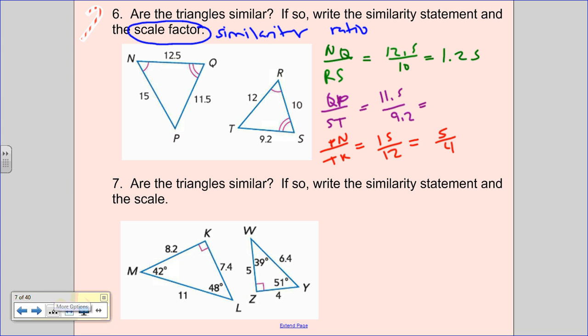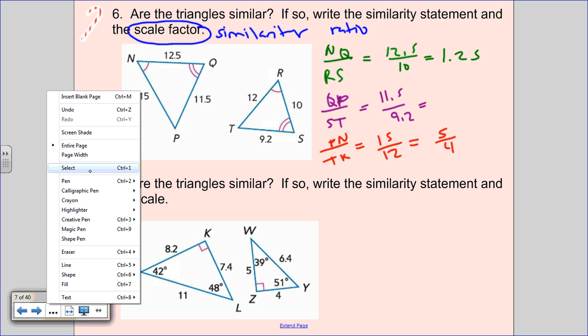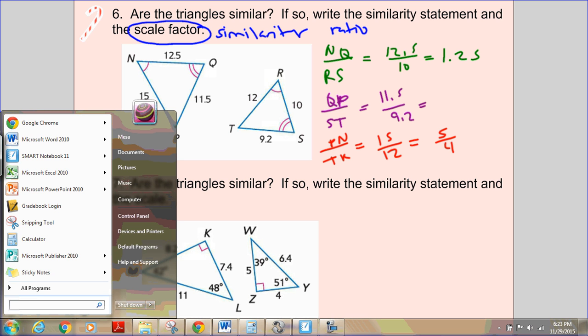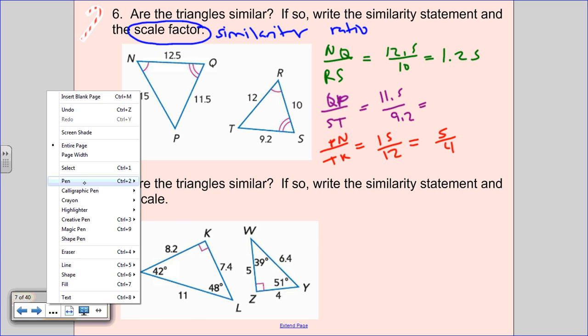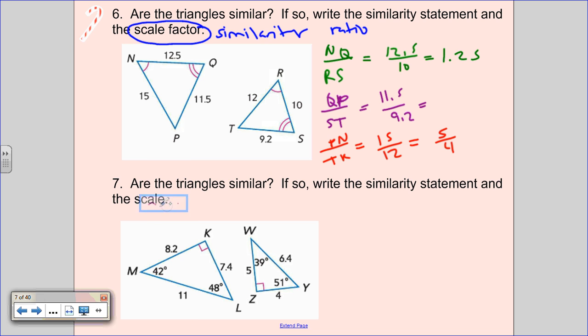Now let's take a look at 11.5 and 9.2. 1.25. And 5 divided by 4 is also 1.25. I forgot. You're right. So, since they all reduce to 1.25, then all sides are proportional.